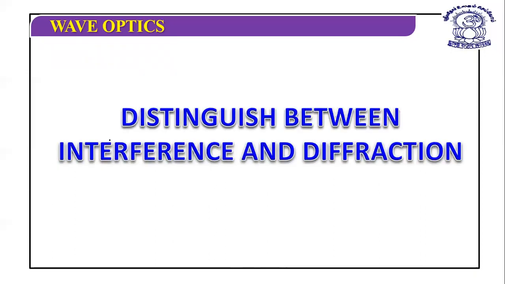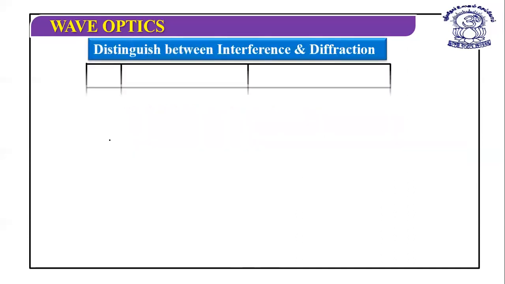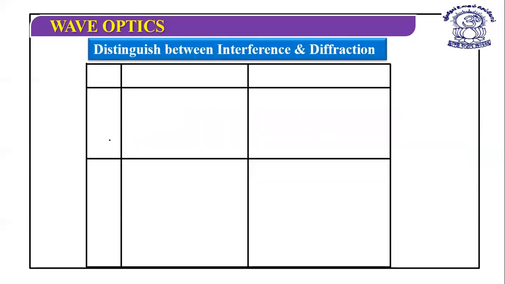Let us distinguish between interference and diffraction. In both cases, a light and dark pattern occurs, but there is a basic difference between interference and diffraction. So let us note that down.